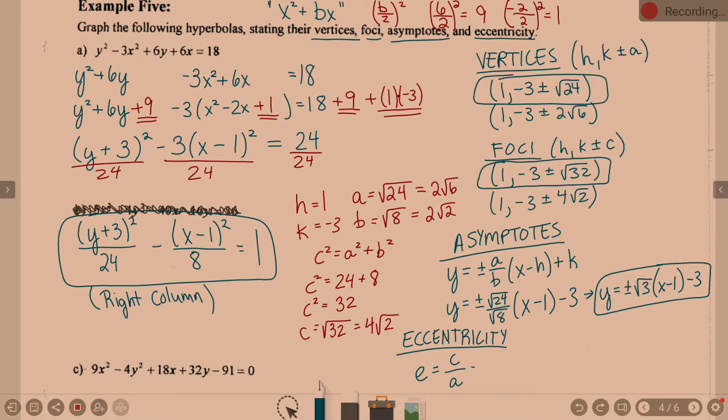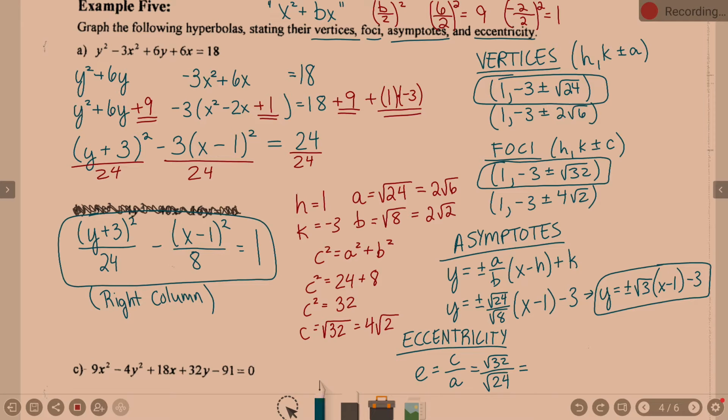I don't know that it matters if you use the simplified versions or the non-simplified versions here. If we just go with c as square root of 32 and a as square root of 24, you do need to keep going and reduce that a little bit.